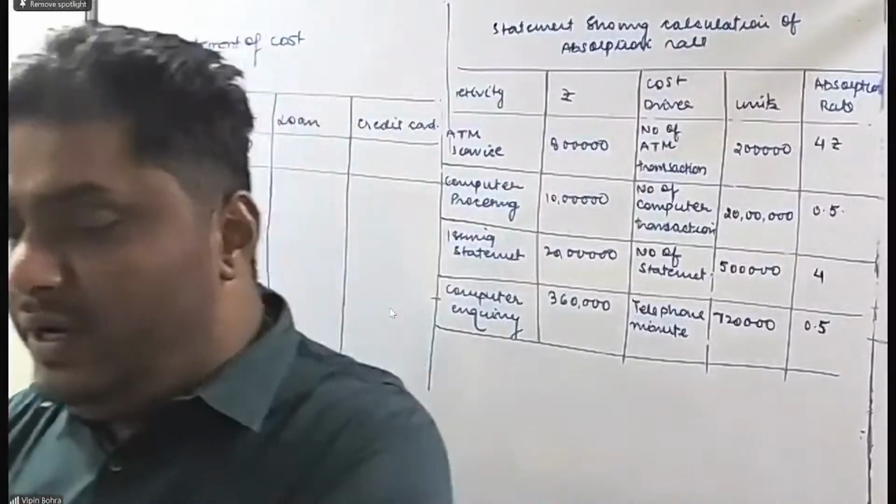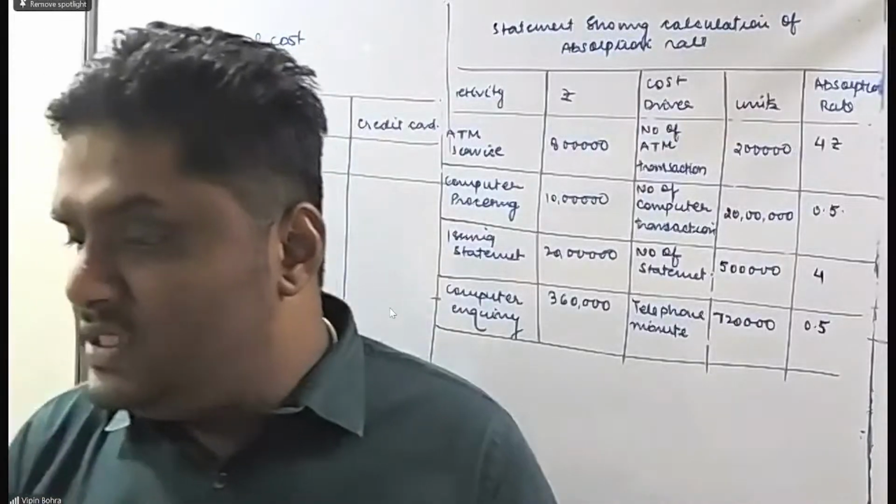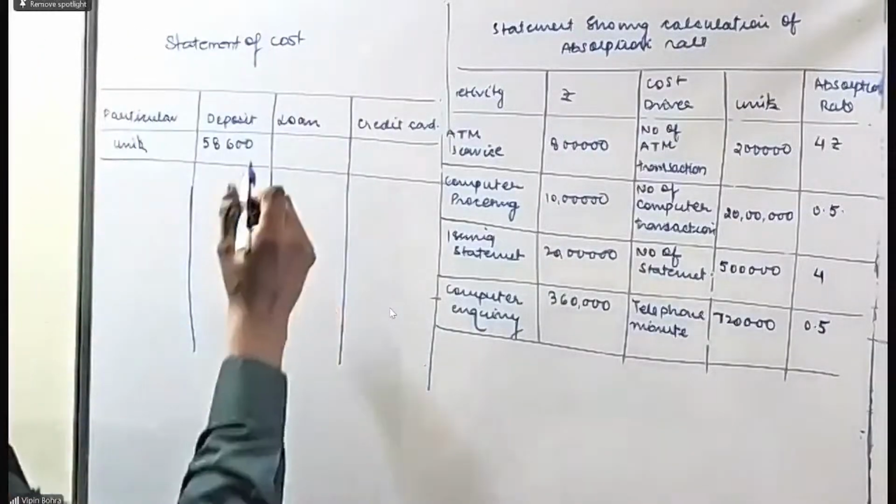So when talking about the units, they are given straight away, that is 58,600, 13,000 and 14,000.